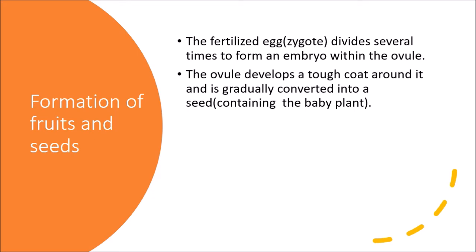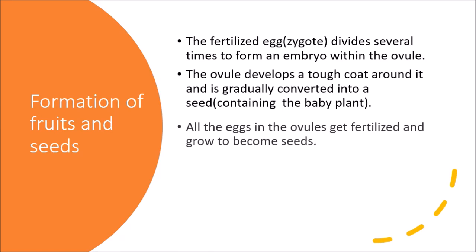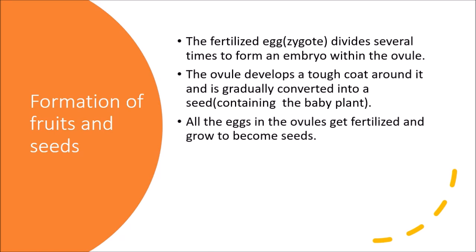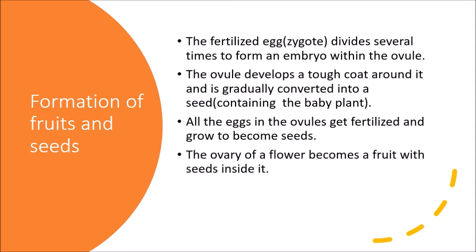And what does this seed contain? It contains the baby plant. All the eggs that are present in the ovules get fertilized and grow to become seeds. And finally, the ovary of a flower becomes a fruit. What does it bear? It bears the seeds inside it.